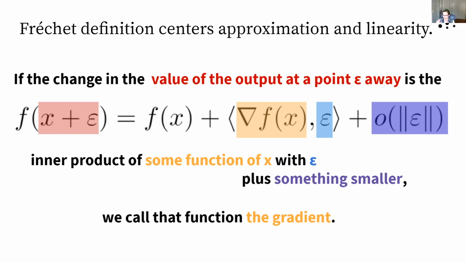So the only real difference between this definition and the first one is that instead of taking the slope or the value of the derivative and multiplying it by epsilon, we're taking this inner product or dot product or scalar product, depending on your discipline, between those two things.